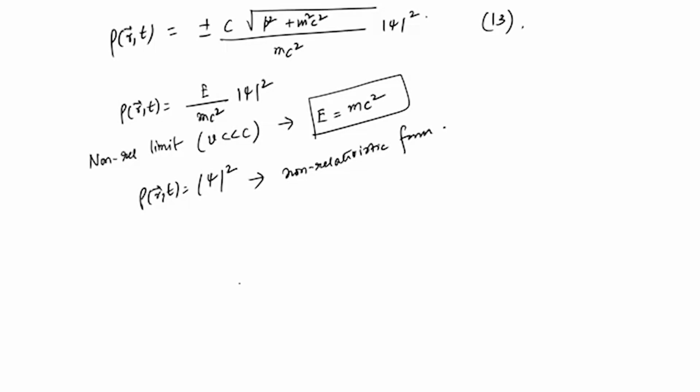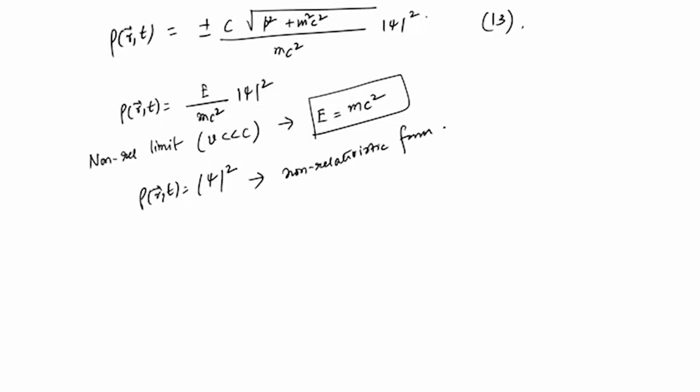So basically the Klein-Gordon equation is important. There is an initial problem with the interpretation of the probability density, but if you treat it as a probability charge density, then it can take positive and negative values, and it gives you the correct non-relativistic form, which is known to be mod psi square.